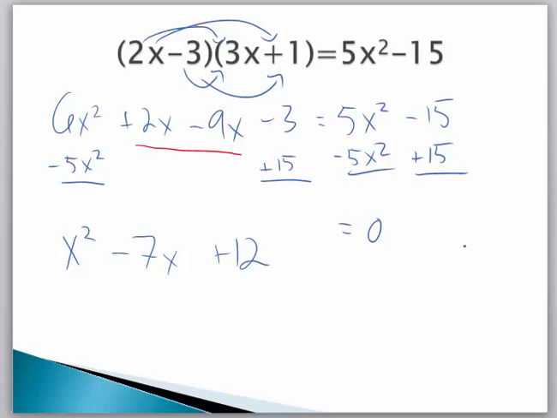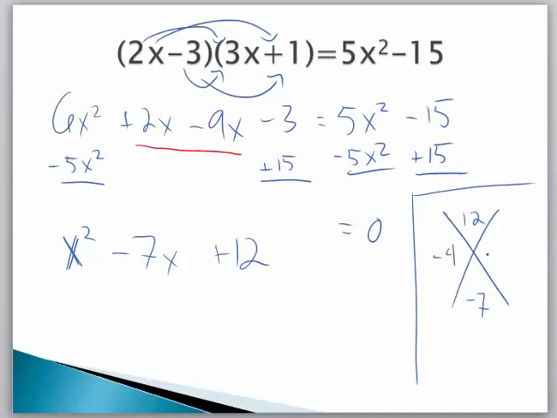Okay, so a little extra work there, but I have simplified, set my equation to 0, and I have my x squared term positive, which is everything I need. Now I factor. I'm looking for two terms that multiply together to give me 12 and add together to give me negative 7. Negative 4 and negative 3 should work.